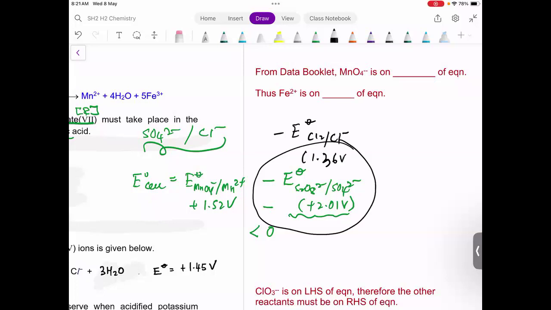So in this case, you minus away 1.36, which gives you an E0 cell more than 0. With this, you prove that your manganate is strong enough to oxidize chloride. So if you use hydrochloric acid instead, you're not just providing the H+, you're also providing a reducing agent. This is not what we want because it's a side reaction.